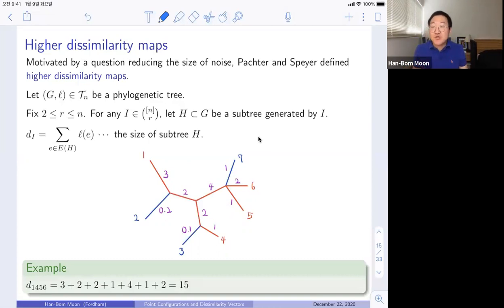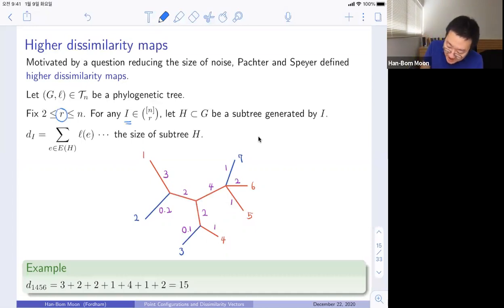So instead of using the distance between 2 taxa, let's think about the phylogenetic tree G, and we are going to construct another set of input data in the following way. We are going to fix a number R. Then for any R-subset I of the set of leaves, we can define a subtree generated by this subset of leaves.